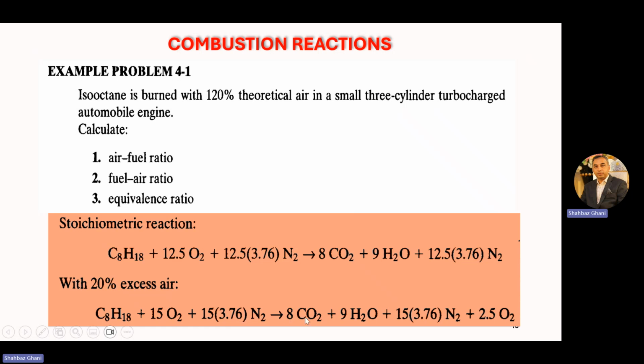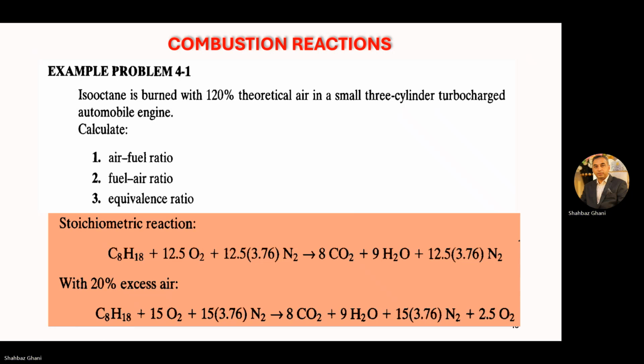The end products are 8 moles of carbon dioxide plus 9 moles of water vapor plus 15 times 3.76 of nitrogen plus 2.5 moles of oxygen. That is the excess oxygen which we will receive in the products.